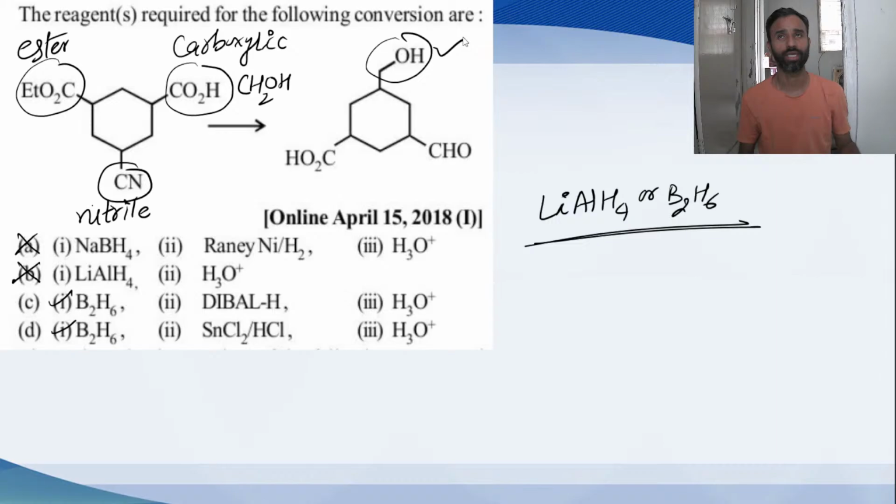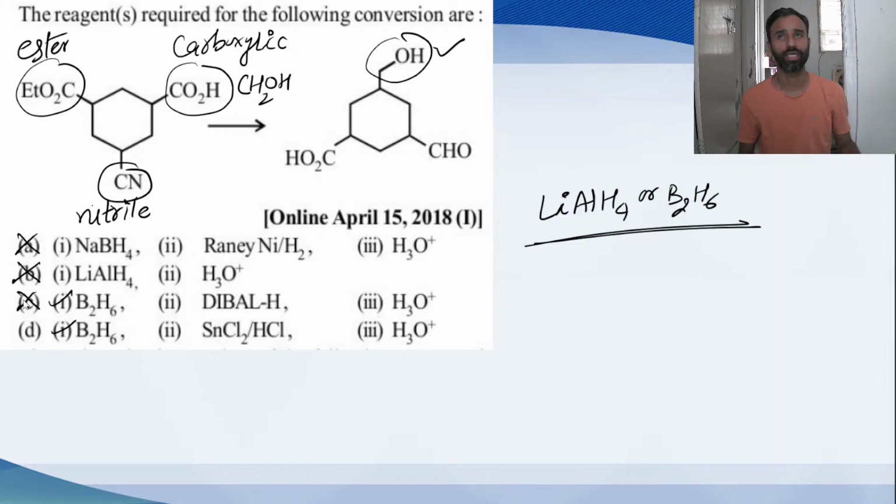Now next, ester can be reduced to CH2OH, but then the cyanide is left. Cyanide is hydrolyzed with it, so it will give COOH that we don't need. C is not the right option. So what is left?